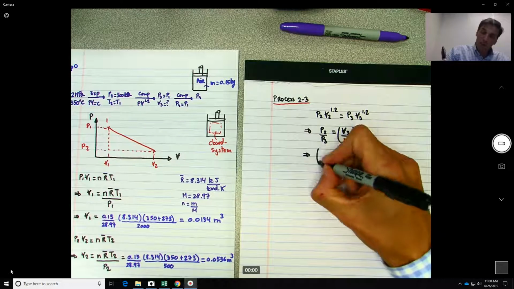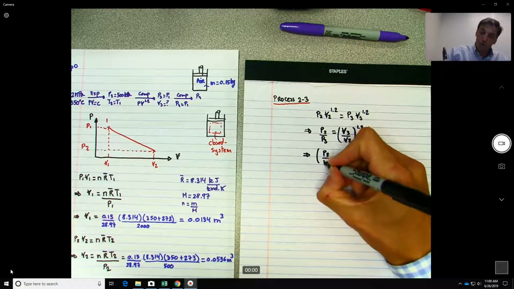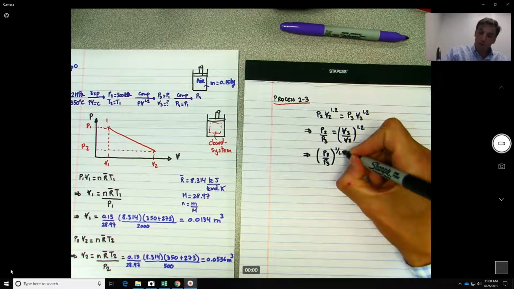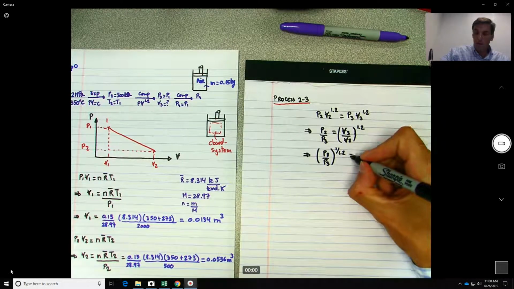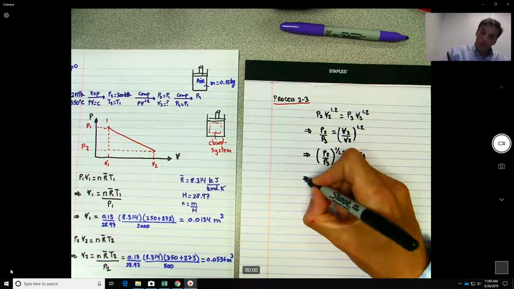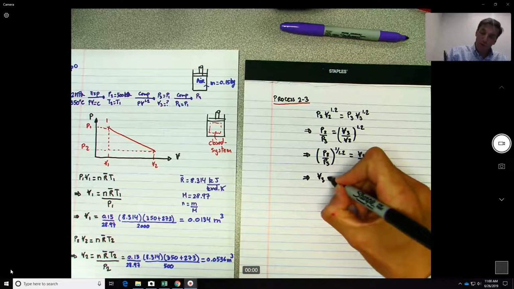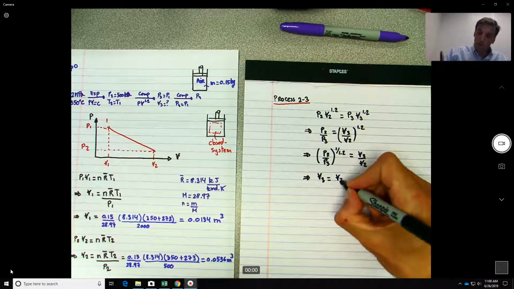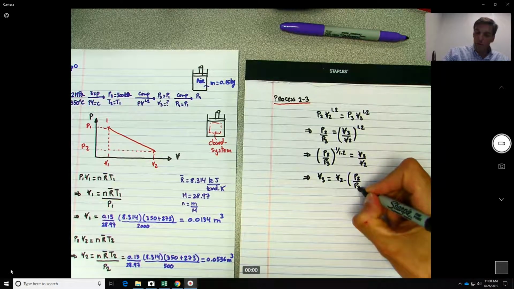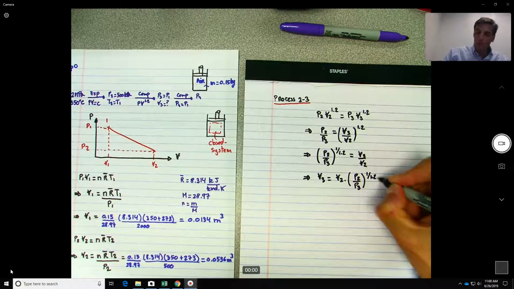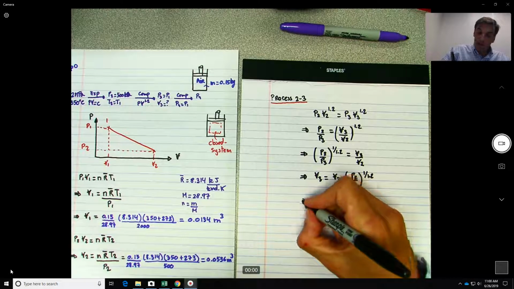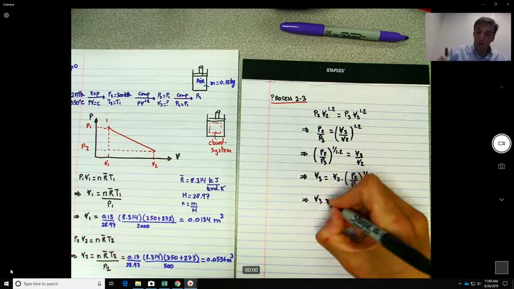So this gives us P2 over P3 to the 1 over 1.2 equals V3 over V2. So V3 will be equal to V2 times P2 over P3 to the 1 over 1.2. Alright, so this will give us that V3 will be equal to what?